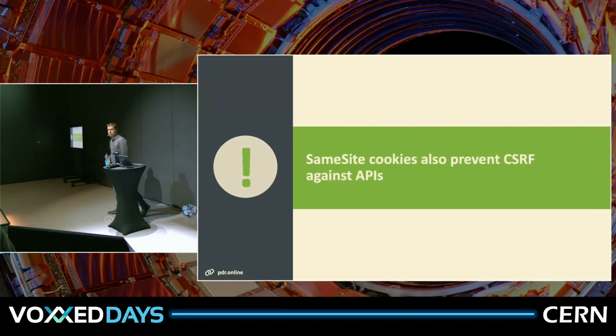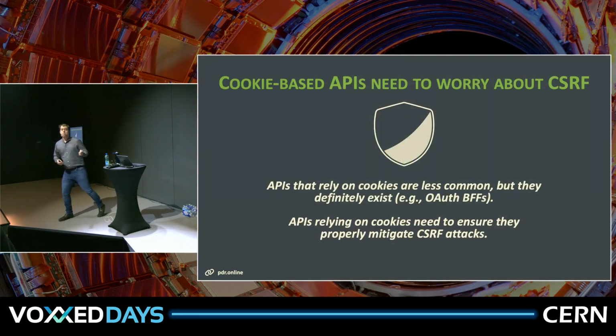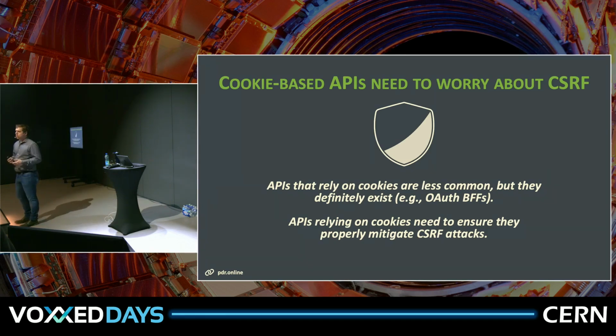I also have that on the slide. So same-site cookies prevent CSRF against APIs, and the takeaway here is that if your API relies on a cookie to keep track of who the user is, which is a valid pattern, you need to think about CSRF. And same-site cookies are a good defense against cross-site request forgery. And if you're thinking, yeah, dude, but I don't build APIs with cookies, well, if you're doing OAuth in an API-based world, then the best practice for dealing with OAuth in frontends is to not do it in the frontend, but use a backend for frontend, a BFF, which is an API using cookies to keep track of OAuth tokens.